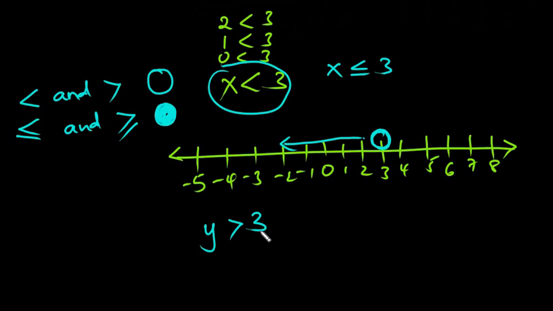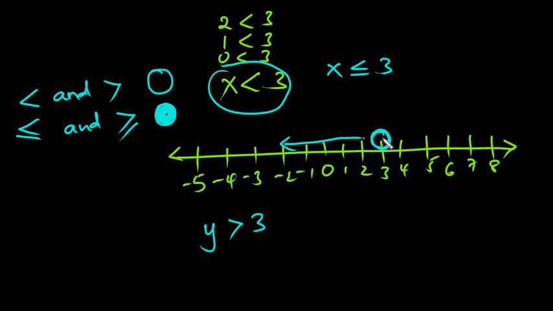So 3 is not part of this inequality because there is no equal to sign. Remember, if it were y is greater than or equal to 3, 3 would be part of the inequality. But since we only have y being greater than 3, 3 is not part of that inequality.